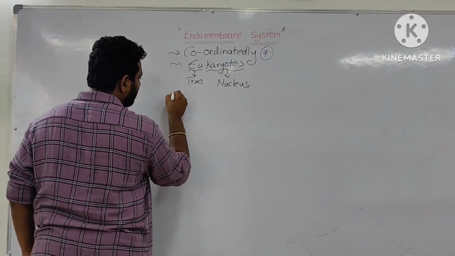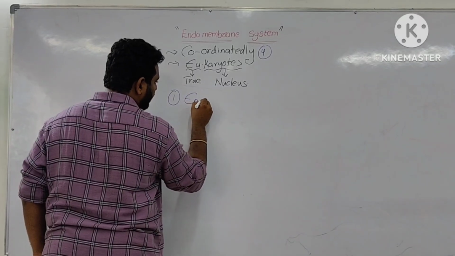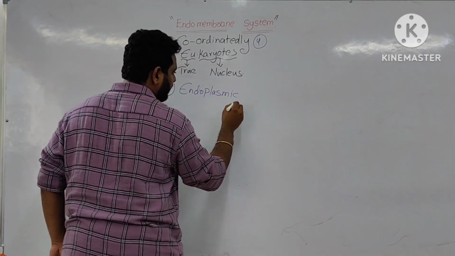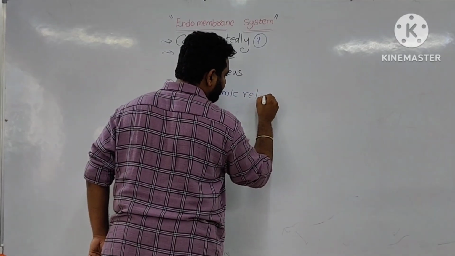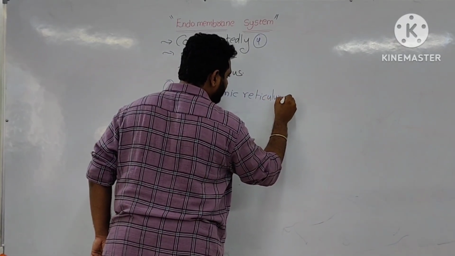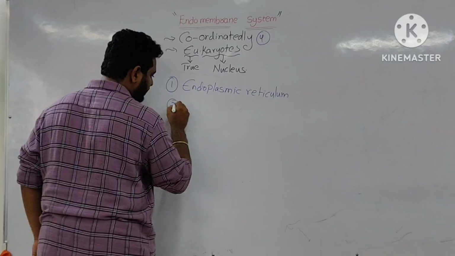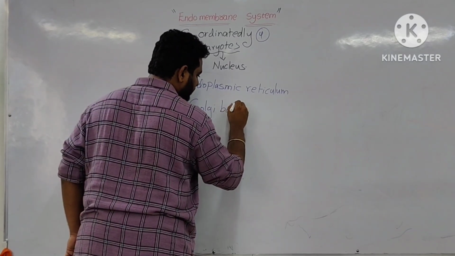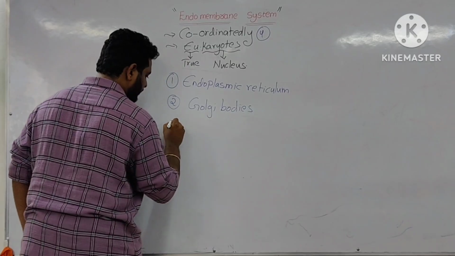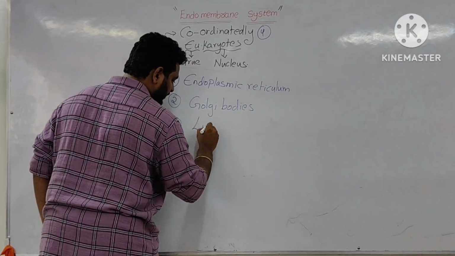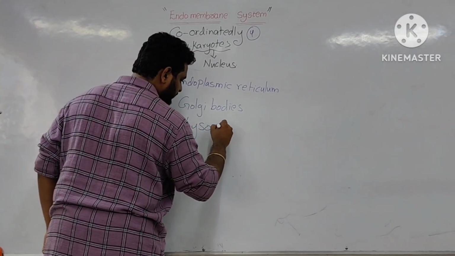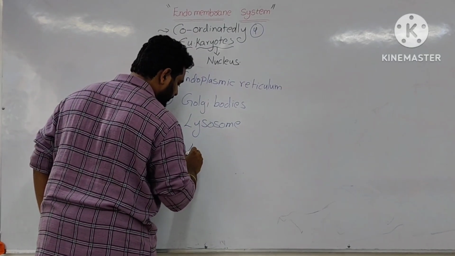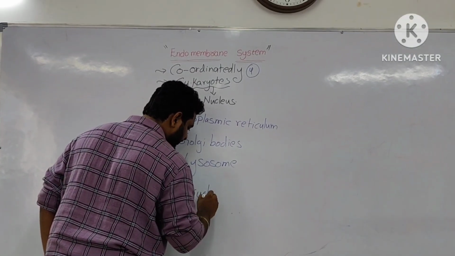They include endoplasmic reticulum, followed by Golgi bodies, followed by lysosome, and finally the last one will be your vacuoles.